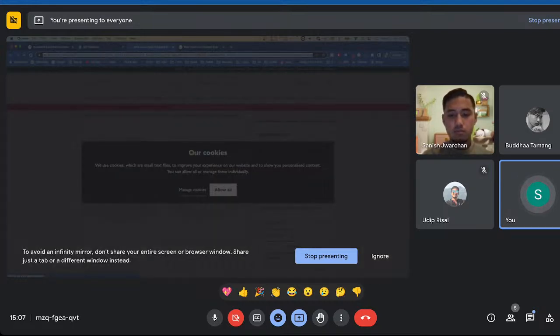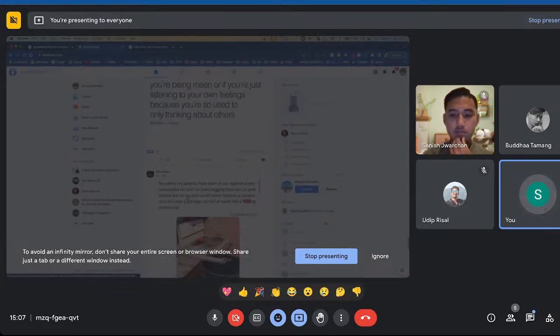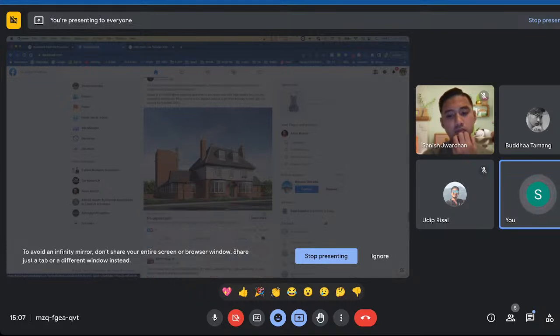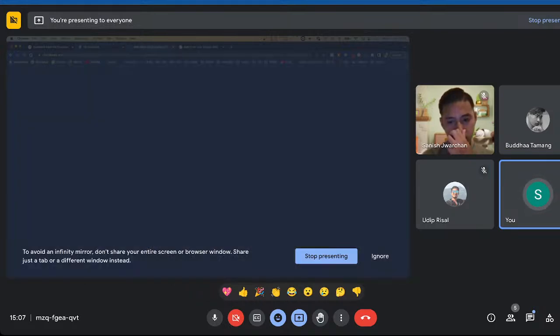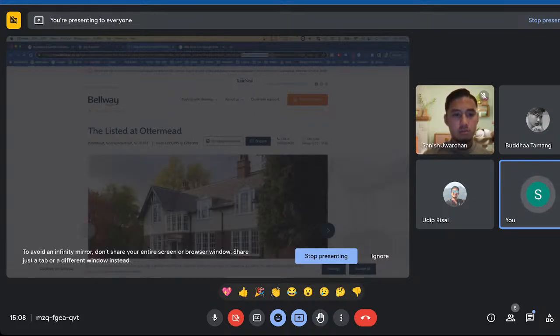Okay, fine. Back. So it's like a trial and error process. Let me see, hopefully we can land on some, Bellway. They don't usually do it, but let's see. Okay, so they're using it. UTM medium, UTM campaign, the listed. So the listed prospecting, that's something that they're using.